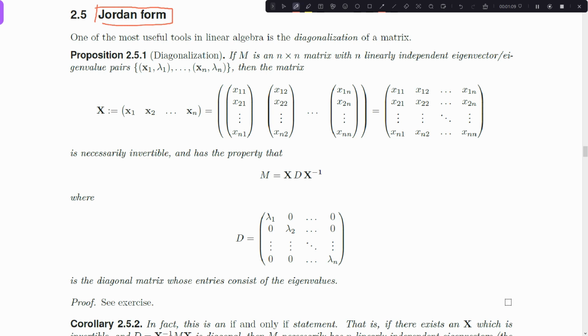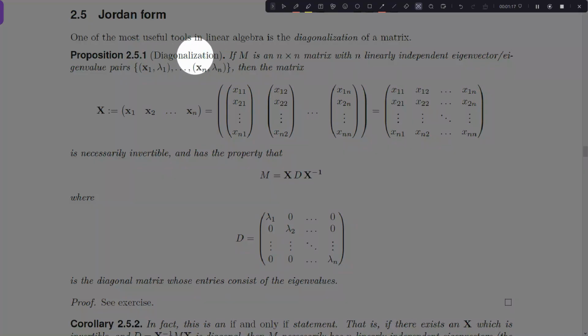And I'm going to start it out with something that should feel very familiar to you, and that is the diagonalization of a matrix, right? So I think most of you have probably seen this, that if you have a matrix M that's n by n in rows and columns, and we have n linearly independent eigenvalue-eigenvector pairs, and I'm just going to pair them together in a set here, then I can form a matrix X, capital X, from these linearly independent eigenvectors.